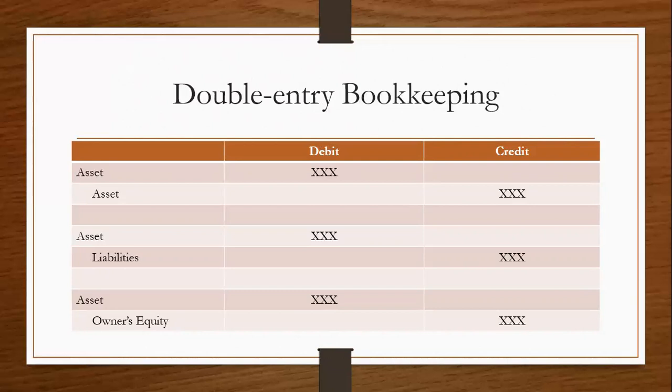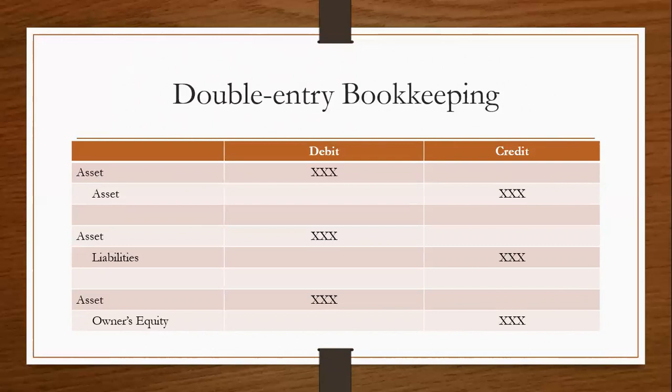Once you sell an asset, for example, equipment, as I mentioned earlier, the proceeds from that we call cash. So there's an increase in cash, and then there's a decrease in equipment, that is a credit, since you already sold it. For the next, debit to asset and credit to liabilities, meaning an increase in assets and an increase in liabilities.